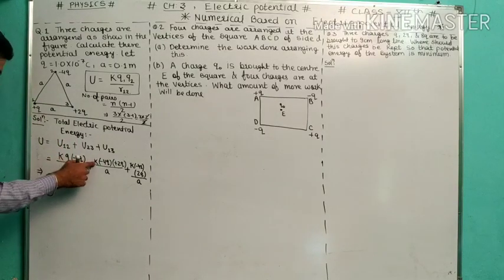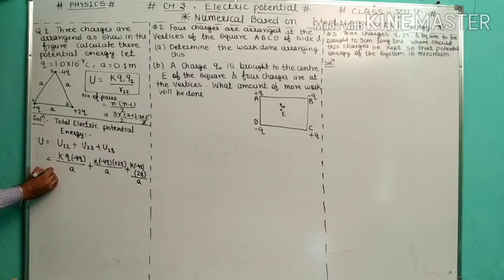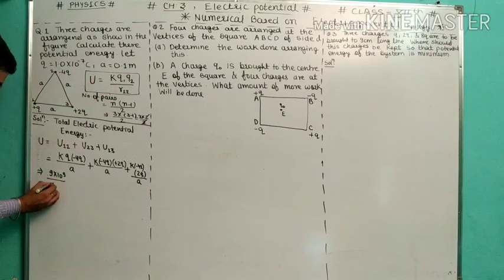Now K is common here and a is also common. The value of K is 9 into 10 to the power 9, which I have taken common, and the value of a is 0.1.